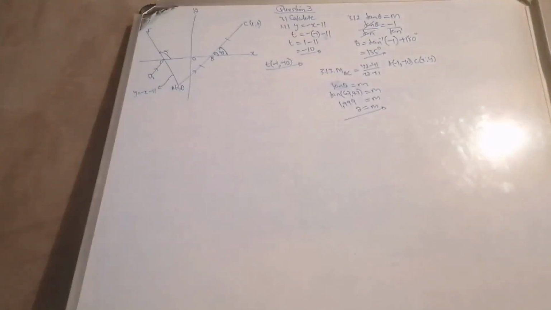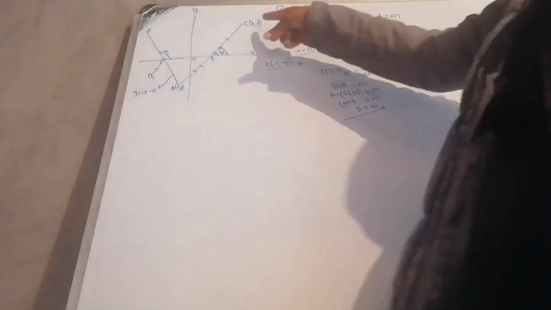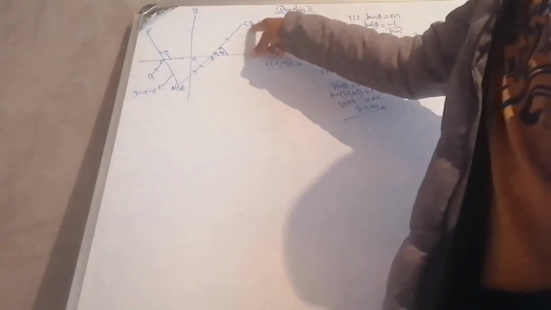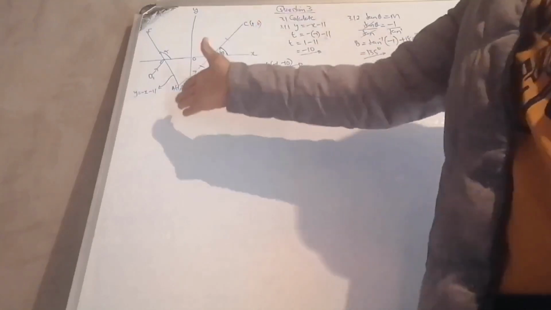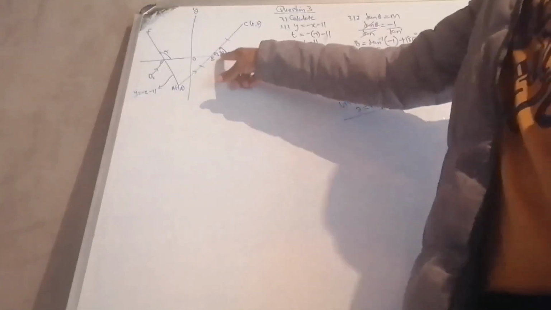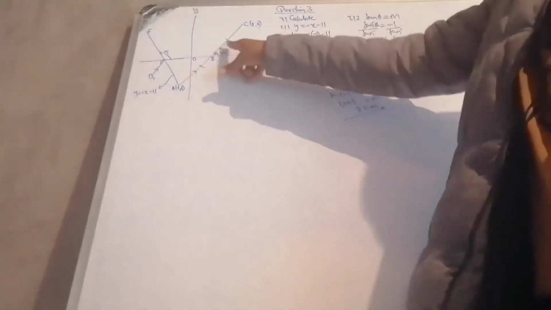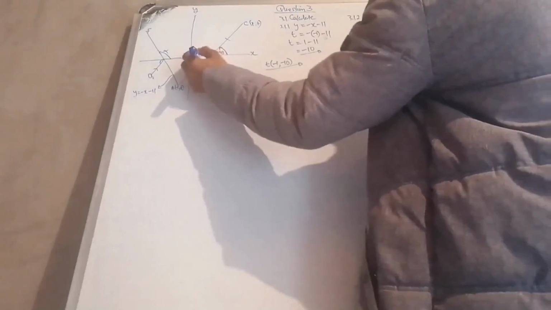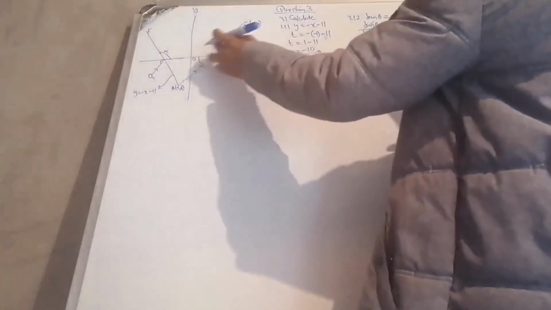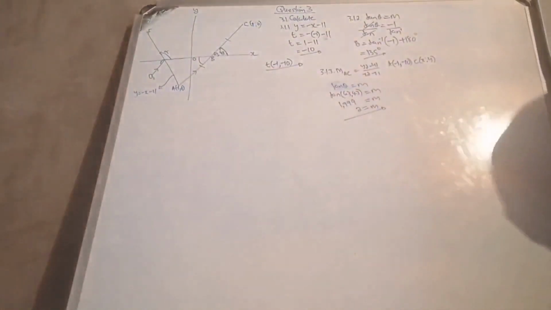You must be very, very careful there. Even though you don't have the value of C, you know how to find the gradient: whenever an angle is provided that the line makes with the positive x-axis, you will say tan theta equals the gradient. If this angle was an angle here, we would use the same angle, since these are vertically opposite angles.